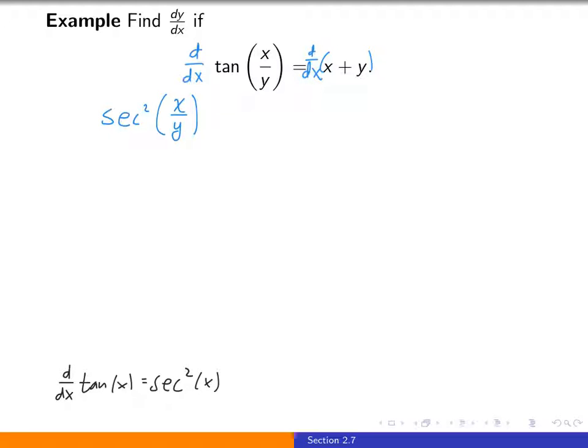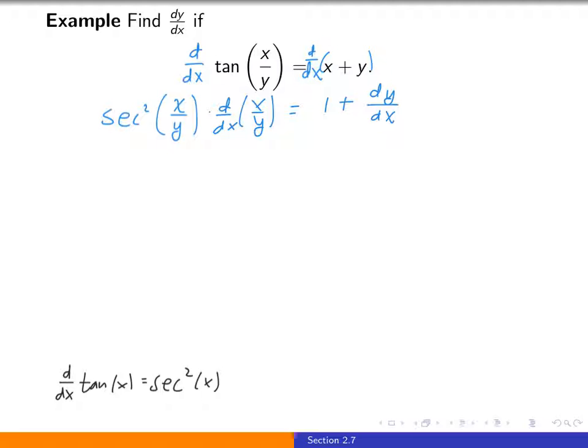It was one of our previous examples. So the derivative of the outside evaluated at the inside, and then we multiply by the derivative of that inside. And on the right-hand side, the derivative of x with respect to x is 1, and the derivative of y with respect to x is dy/dx.